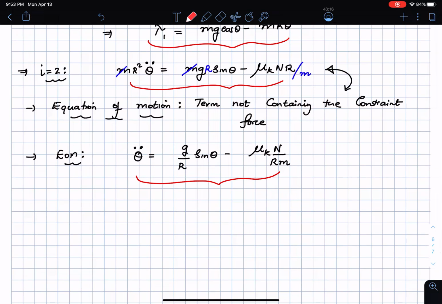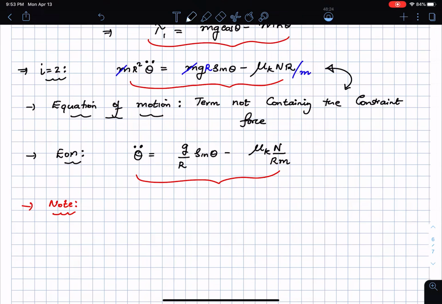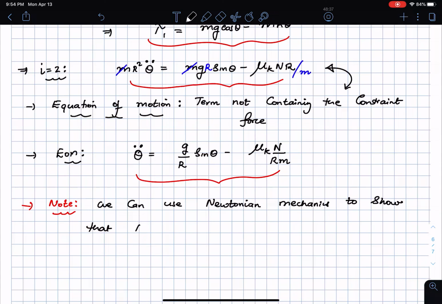So note here, I'm skipping a few steps, we can use Newtonian mechanics to show that lambda 1 is the normal force of contact between the bead and the surface.